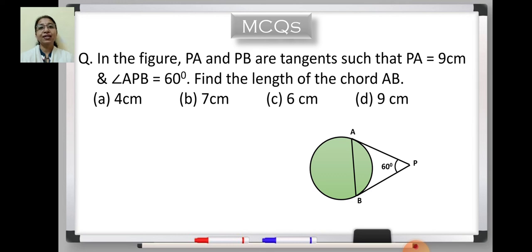But this triangle is isosceles, so base angles are equal. So angle A is equal to angle B and their sum is 120 degrees. So each angle will be 60 degrees. That means this triangle is an equilateral triangle because the measure of all three angles is 60 degrees. Therefore the length of the chord AB is also 9 centimeter. Isn't it? So the correct option is option D, 9 centimeter.